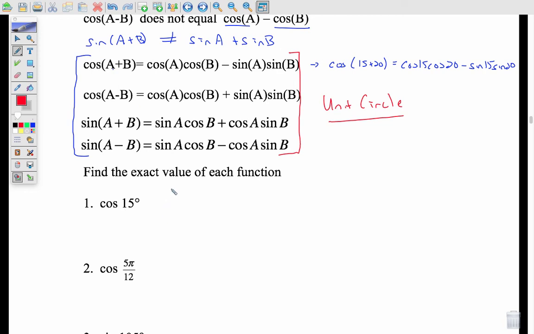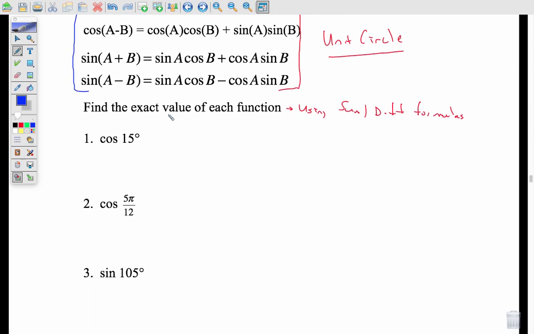You can see the first one here says find the exact value of each function. It should probably say using sum or difference formulas. But with that being said, in conjunction with our unit circle, there are more than two possible sets of angles, but in the first quadrant, there are two obvious angles that we can add or subtract to get 15 degrees, and we could take 45 minus 30 to get 15 degrees.